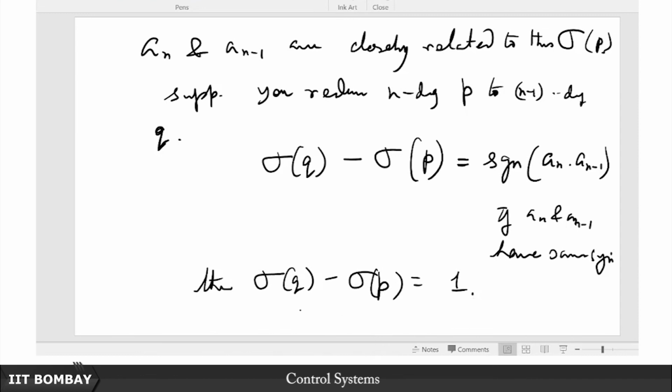What does that mean? Look, q has degree n minus 1, p has degree n. So in going from p to q, you have lost 1 in the degree. So this is equal to L1 plus R1, where L1 is the number of open left half plane roots of q and R1 is the number of open right half plane roots of q.